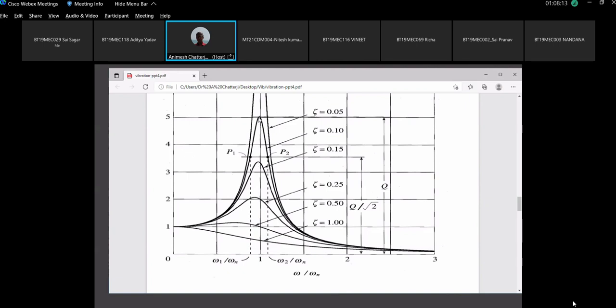And this maximum value is approximately equal to f0 by k into 1 by 2 zeta.